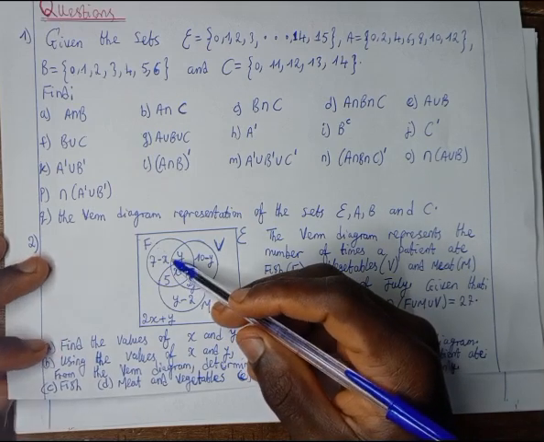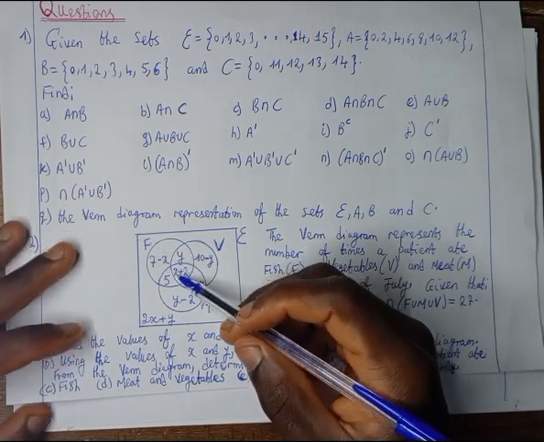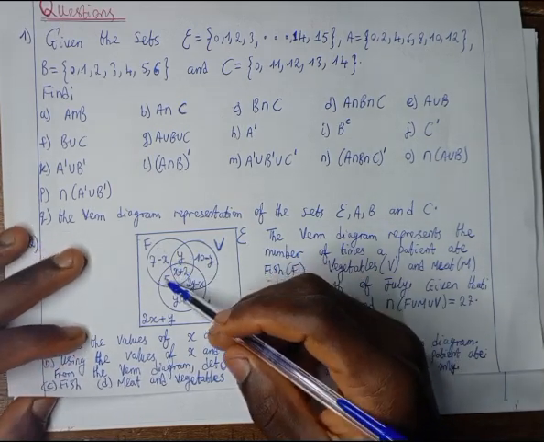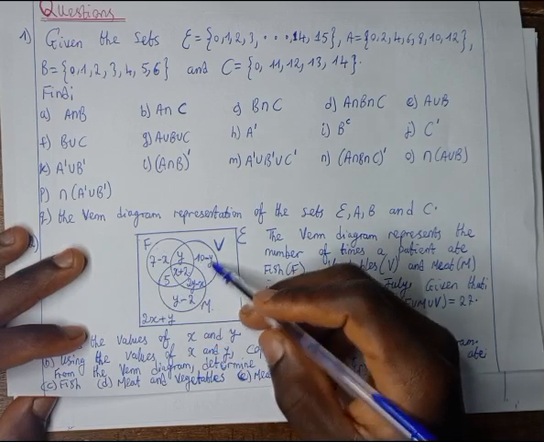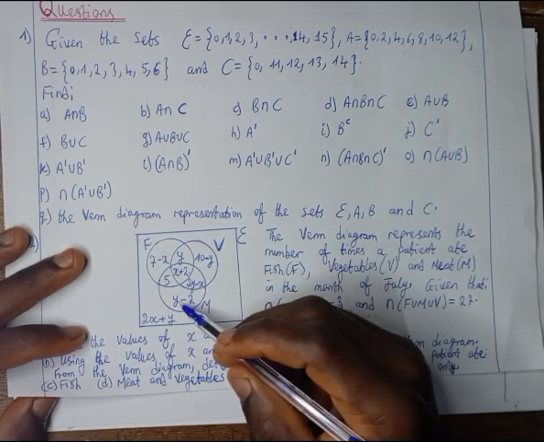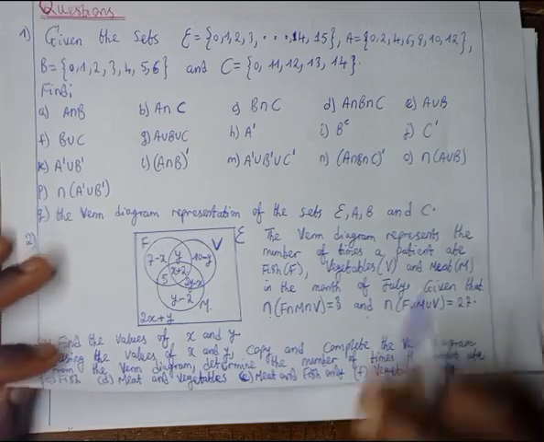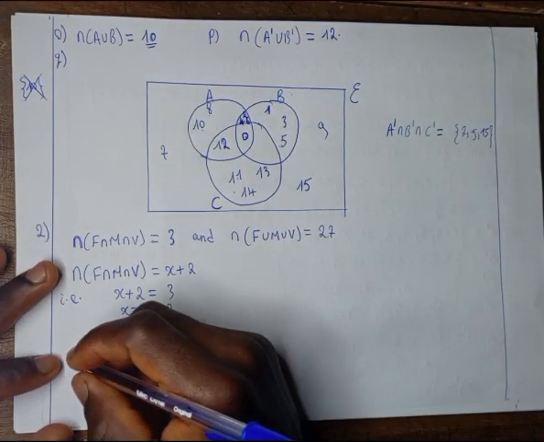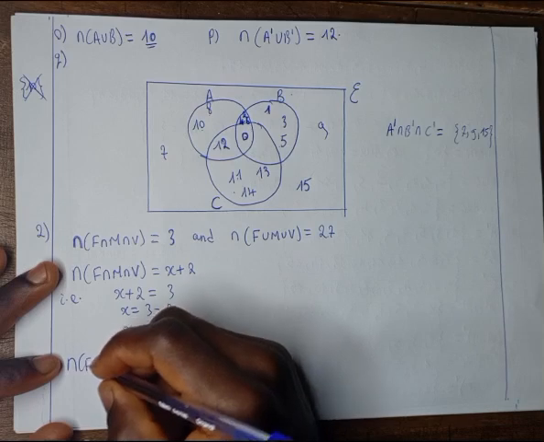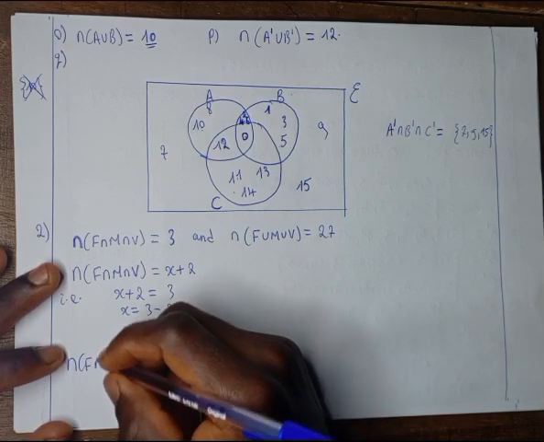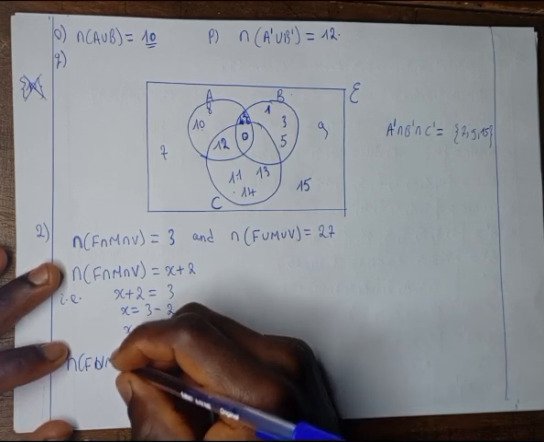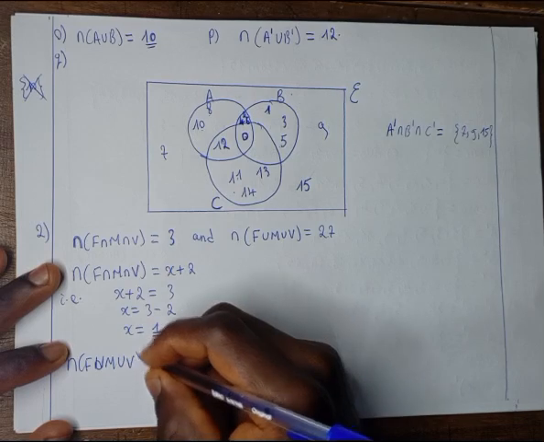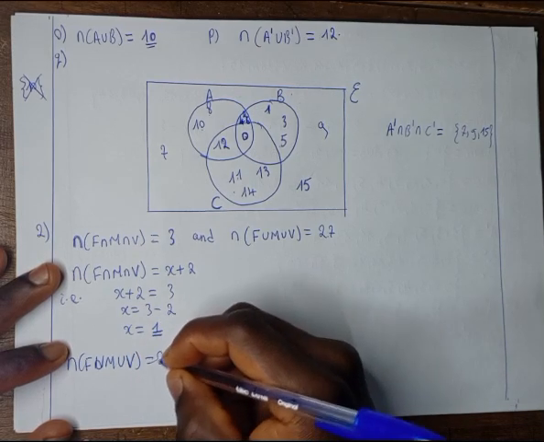That means 7 minus x plus y plus x plus 2 plus 5 plus 10 minus y plus 2y minus x plus y minus 2 should be equal to 27. Let's do it. We have N of F union M union V is equal to 27.